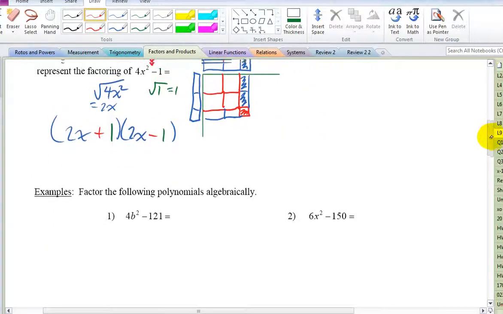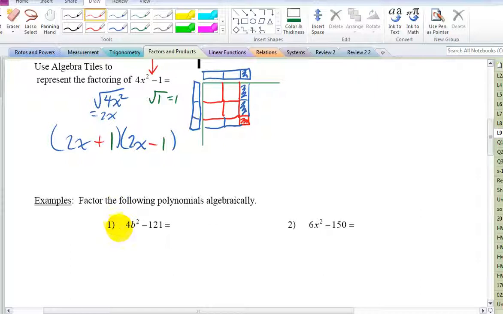Okay, let's try some. Factor this one. Square root the first. And square root the second. What's the hardest part?